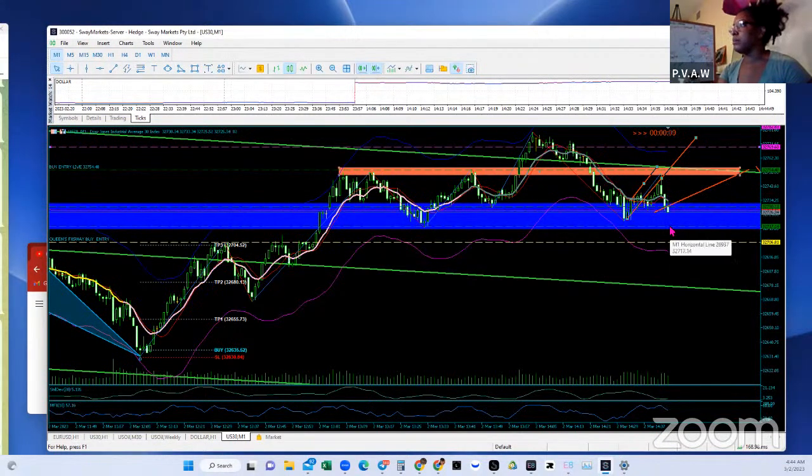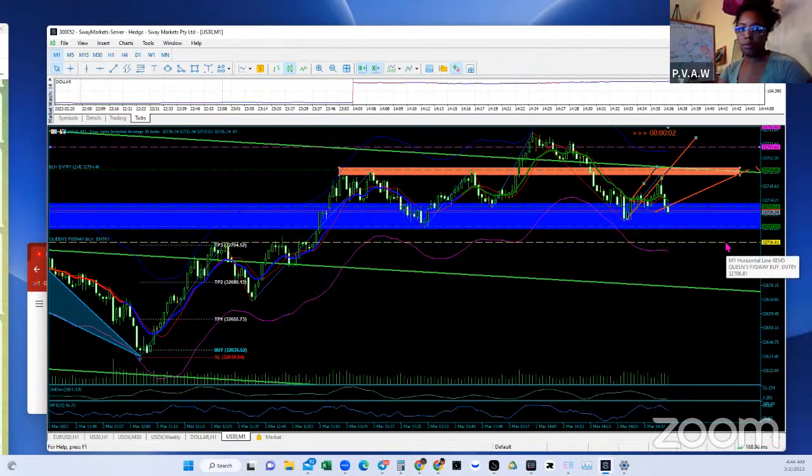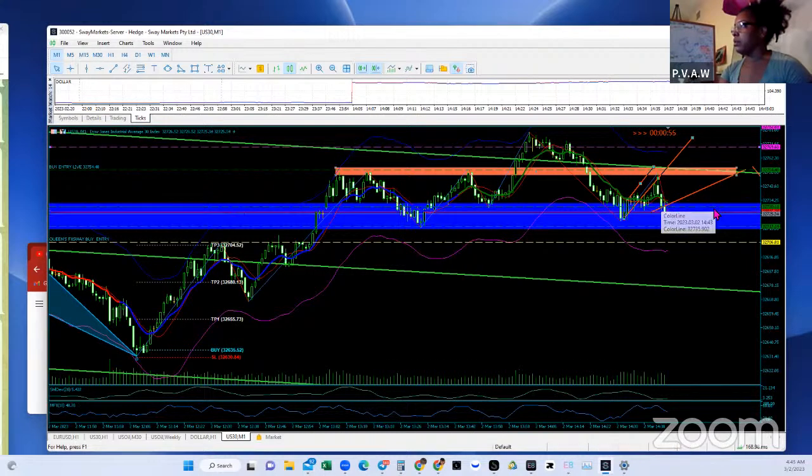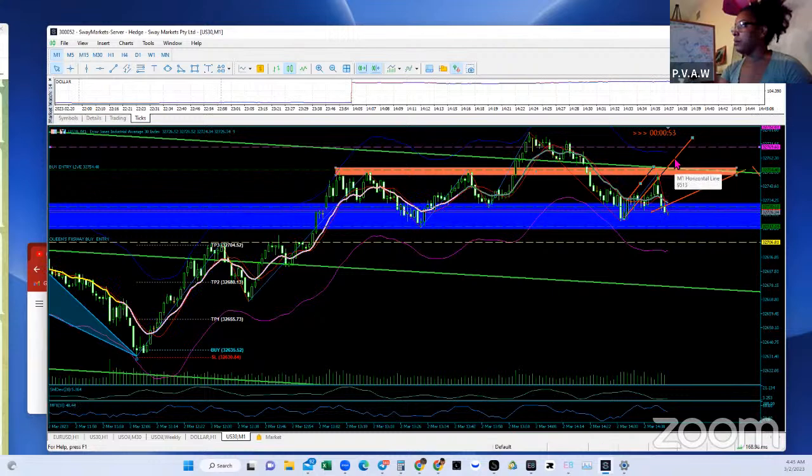The fourth time it rejected. So my entry is down here. I'm still in profit. So I'm going to be patient and see if it makes a double bottom or whatever, and then come back up. But like I told you, it'll go back up, retest, and reject. So that created a head and shoulders.